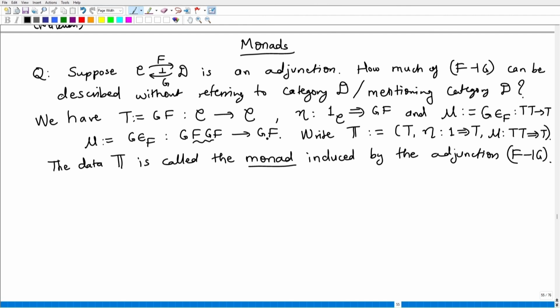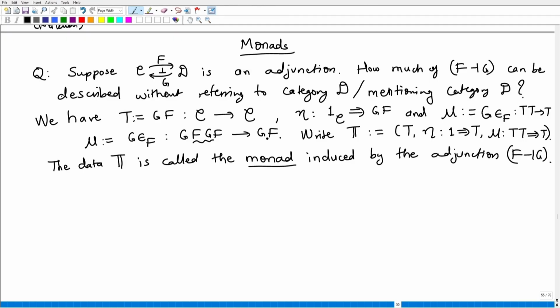I'm warning you, I will give you a definition, but just having these natural transformations themselves is not really useful. We also need some properties that these natural transformations satisfy.